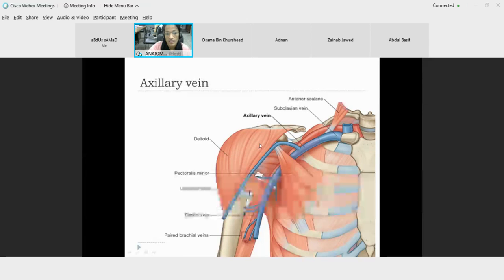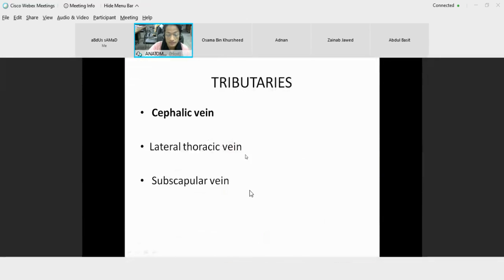Tributaries, again you can see, the most important tributary is cephalic vein. Cephalic vein is a vein of the upper limb. This cephalic vein is the main, most important vein which is draining into the axillary vein. Other veins correspond to the branches of the axillary artery, that is lateral thoracic vein and subscapular vein.